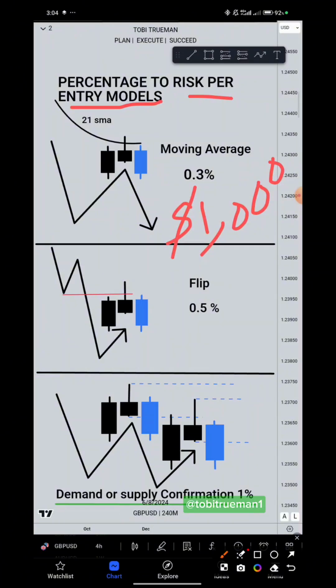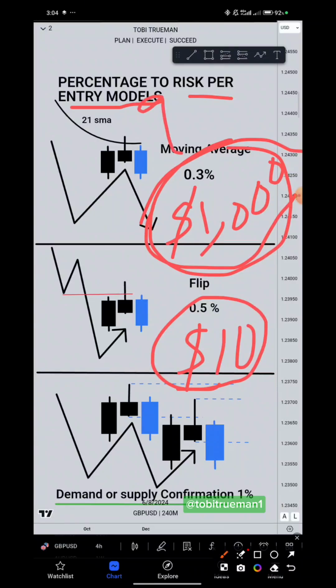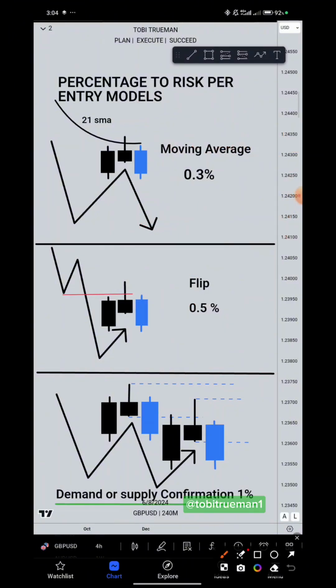If you are using 1% to trade from $1,000, you are going to be having $10 to trade, meaning that when you lose, you lose $10. And if you do the mathematics, $10 from $1,000, you still have $990 left. So it is very convenient for you to use $10 out of your $1,000 to trade.